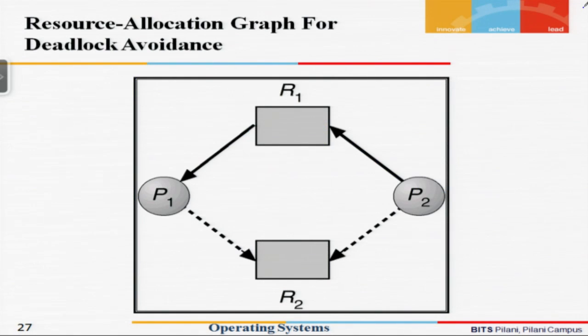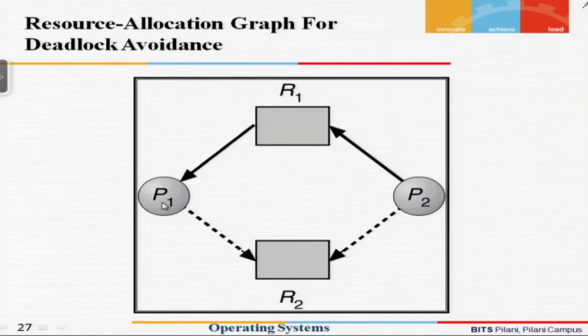So, let us look at a very simple graph. This particular graph indicates that process P2 is making a request for R1. This is indicated with the solid line, and resource R1 has been allocated to P1. So, there is an edge, and this edge is an assignment edge.